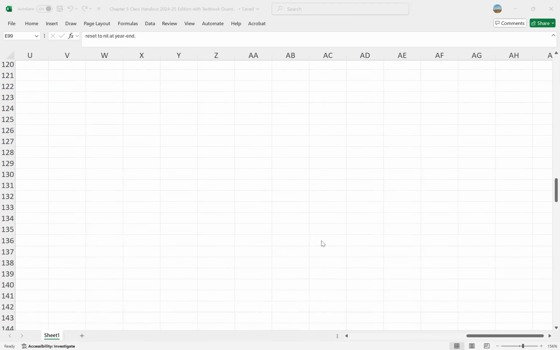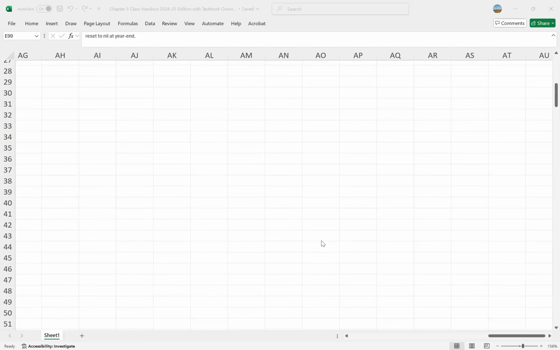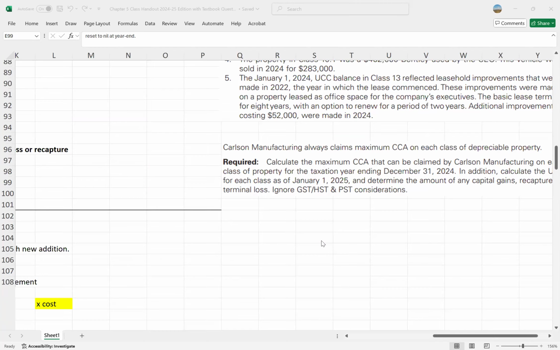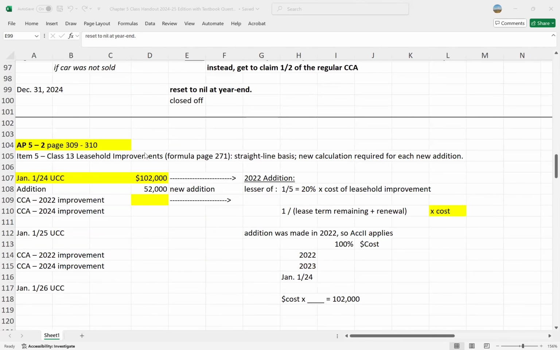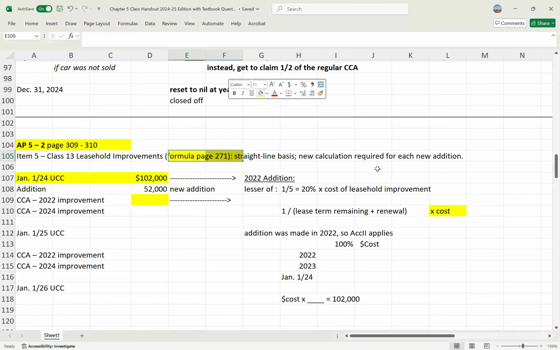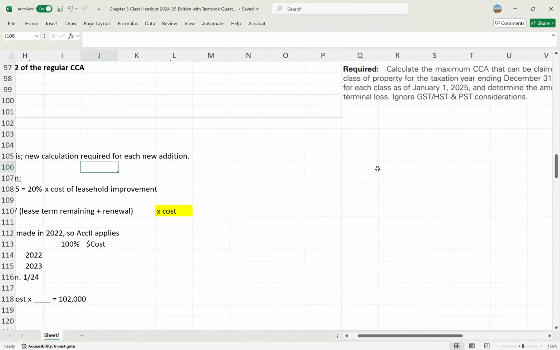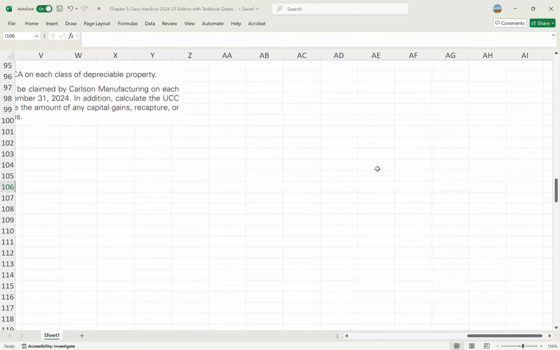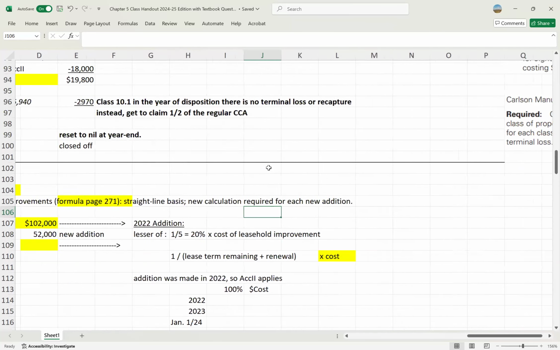So class 13, there's a formula on page 271. I thought I put it here, but I don't see it here. I did type the formula out.